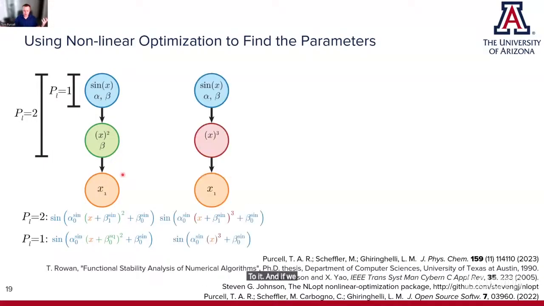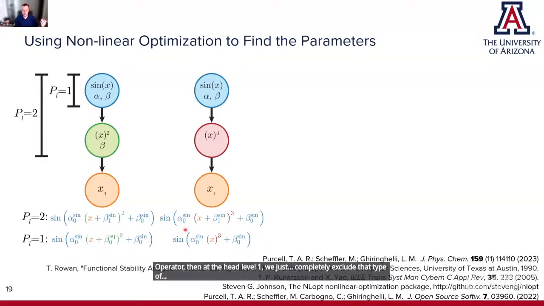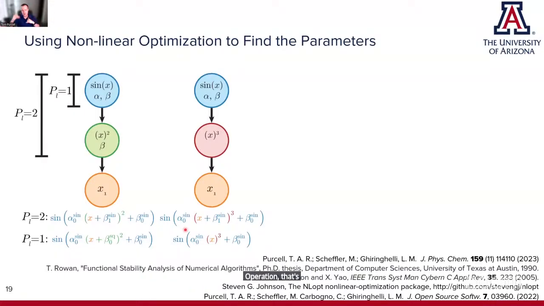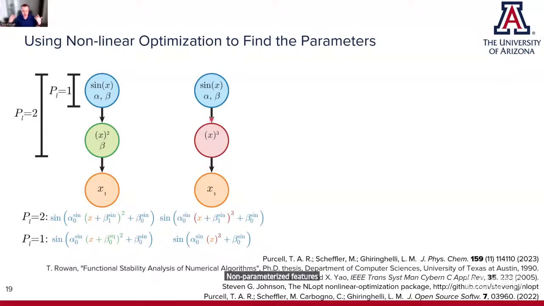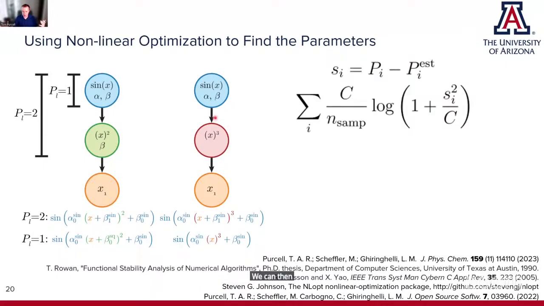And if we were to do this on a non-parameterized operator, then at the head level 1, we just completely exclude that type of operation. That's really why we have this hyperparameter, so we can combine things with non-parameterized features and have that be fixed in stone, essentially.